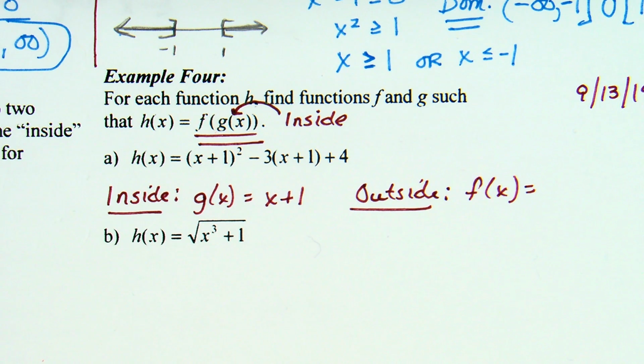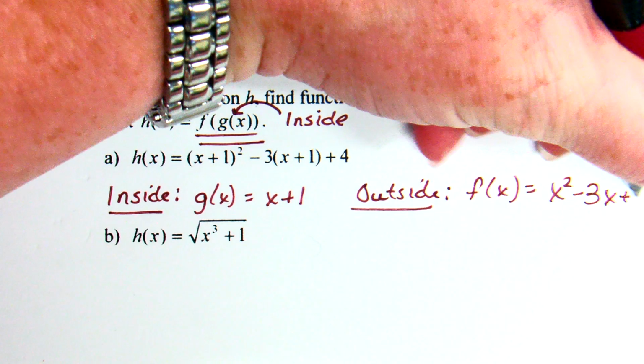So that's going to be an x, and that's going to be an x. What's my outside equation then? You guys see that? X squared minus 3 times x plus 4. I don't know if that helps or not. I'm just trying to look for different ways to make this work. So x squared minus 3x plus 4.